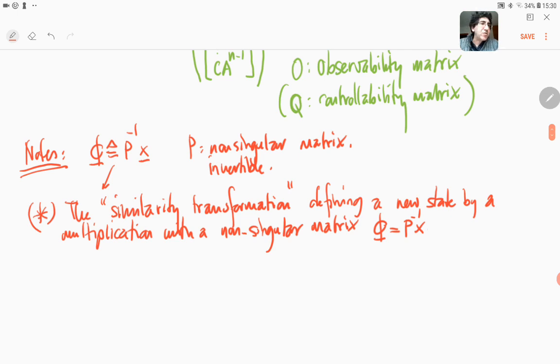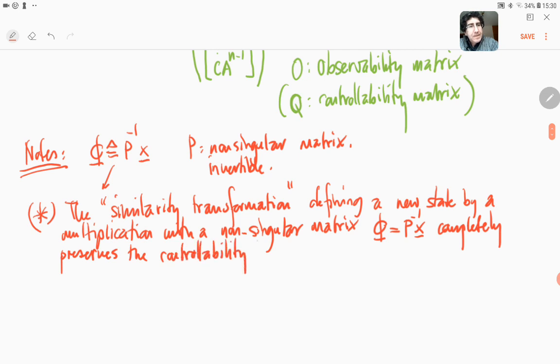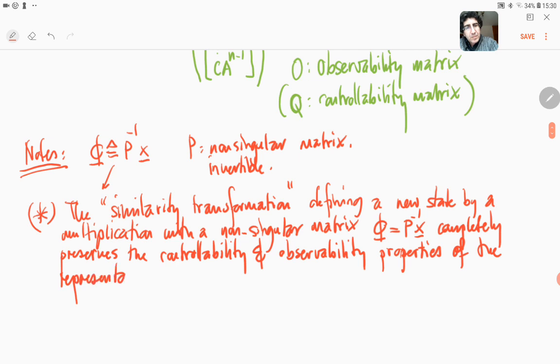This type of transformation completely preserves the controllability and observability properties of the representation.